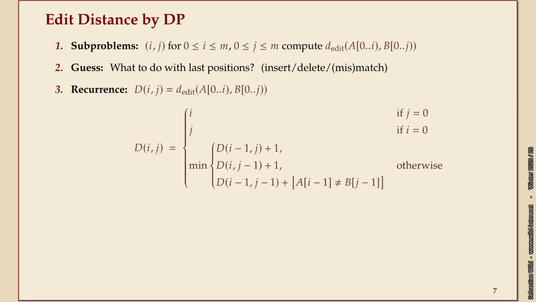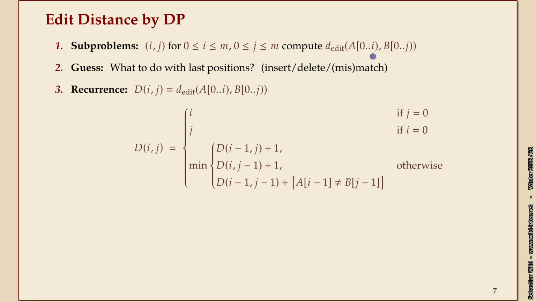And that gives us a recurrence for computing the edit distance that directly follows this subproblem structure. If one of the two indices is 0, so I'm taking nothing from one of the two strings, but there's some part from the other string. Well, let's take the first one. If I take nothing from the second string, then I have to delete all the characters I'm taking from the first string.